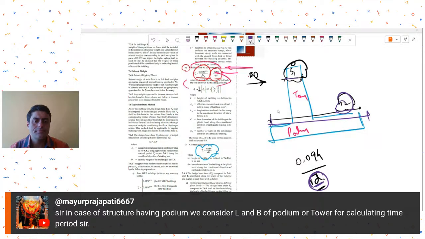There are new diagrams given in IS 16700 for the width and the height to consider in podiums. So you can refer to that figure in IS 16700 2023. It gives the appropriate height of the building that you should consider, but I think it does not say much about the width. Let me see.